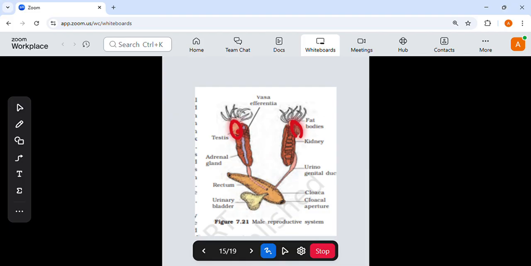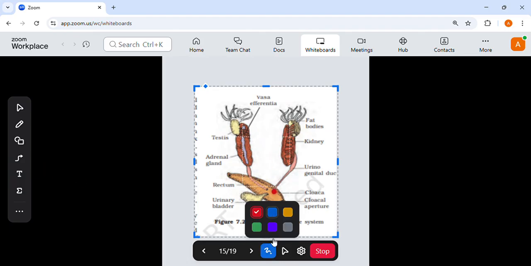The testis opens into the vasa efferentia, which leads to Bidder's canal. This is Bidder's canal.